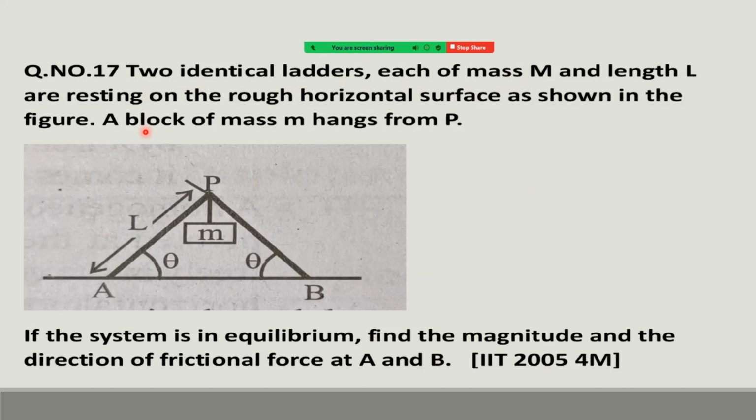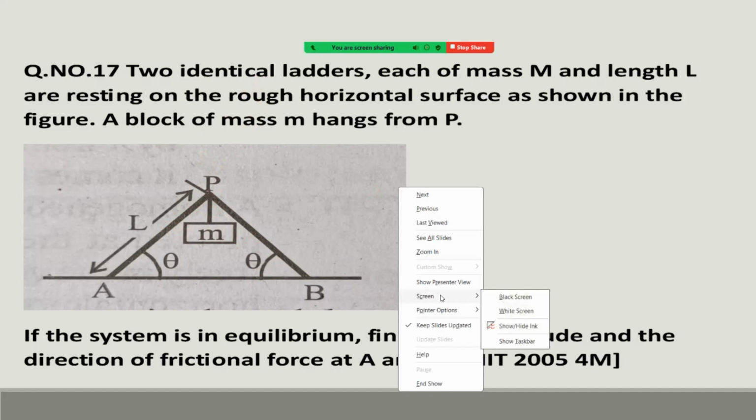A block of mass m hangs from P. You can see here what changes. In the previous question, the ladder had no mass, right? In this case, the ladder is having mass. That is the only change, and the remaining is as it is.